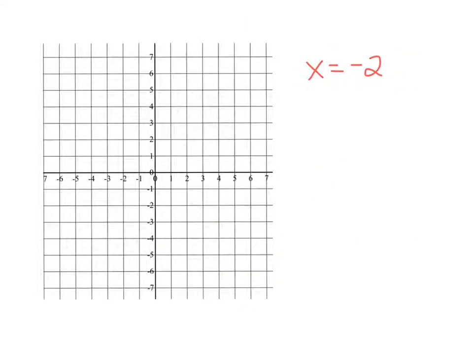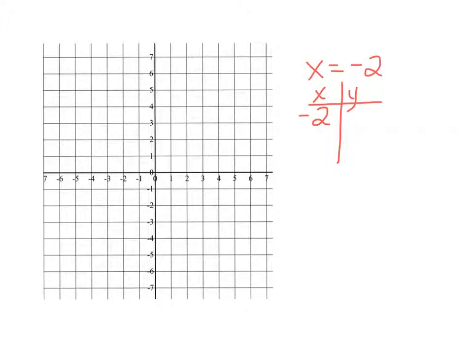There are two other ideas that you need to be aware of in this particular section. I have the equation x is equal to negative 2. Notice I don't have a y in that particular equation. If I wanted to graph that equation, I can go through and set up a t-chart again. I'm saying that x is equal to negative 2.